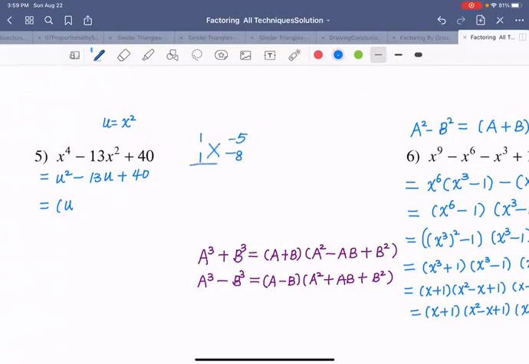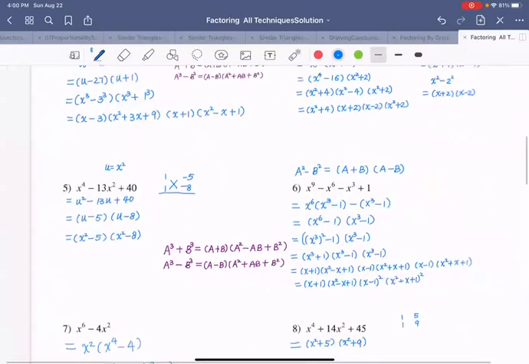You mastered the thing from last week, which is good. U minus 5 times u minus 8. U is who? X squared. There you go. Does this make sense now?